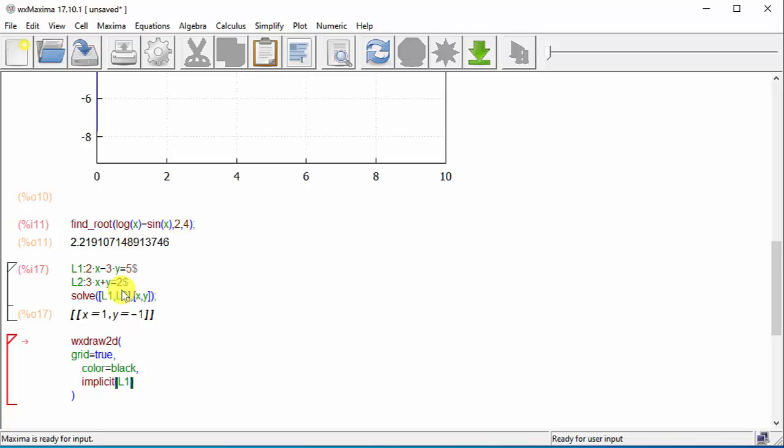We're going to draw the first line, and we're going to draw the second line, and both of those are going to be the color black. All right, so I know my solution is 1, -1. So I'm going to plot this on a grid of -2 to 2 for the x and -2 to 2 for the y, and that'll get everything in there.